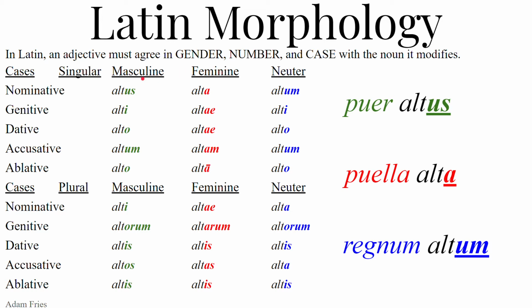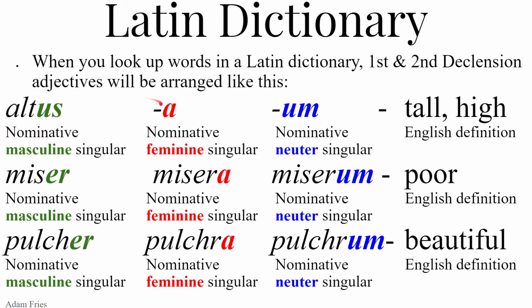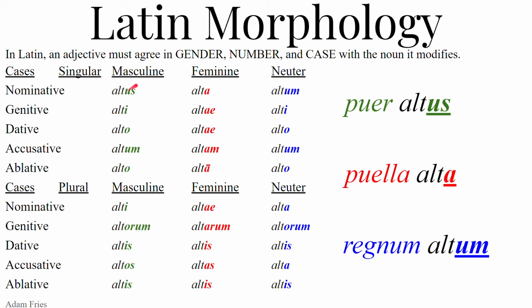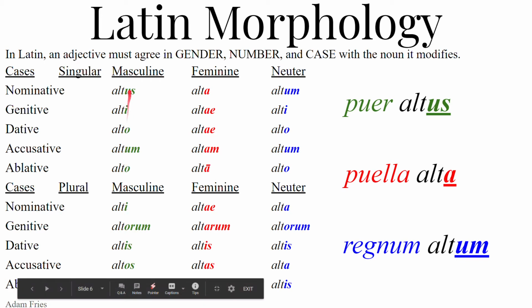Altus is an abbreviation for altus, alta, altum. This is the nominative singular of each of the 3 genders. So the us, the a, and the um: the nominative masculine, the feminine, and the neuter. So the nominative here, altus, masculine will use second declension masculine endings.